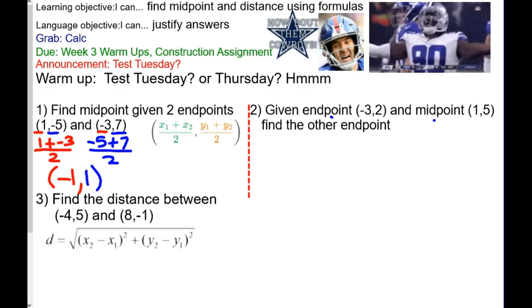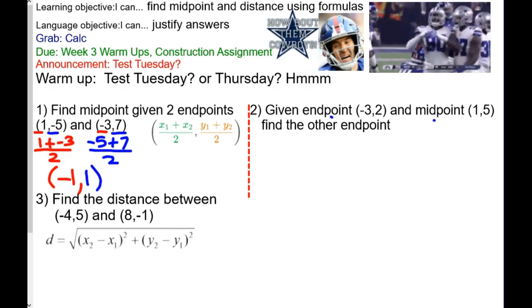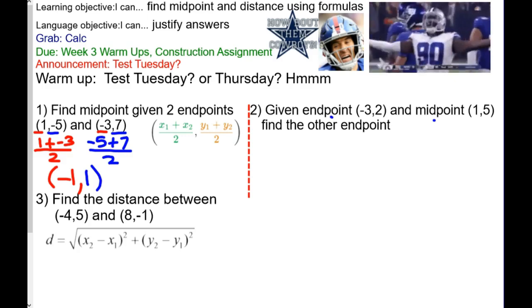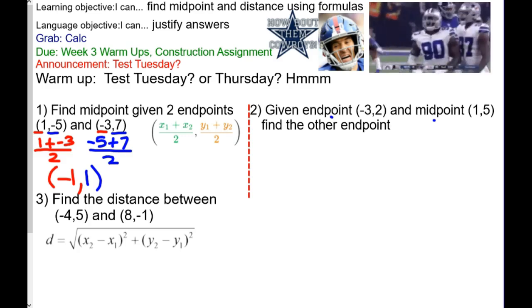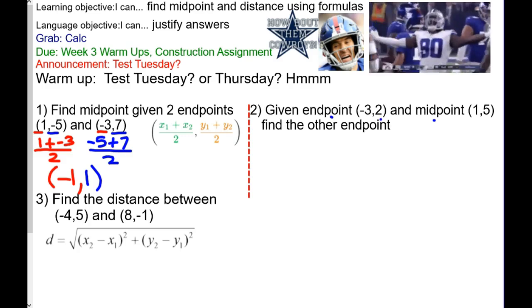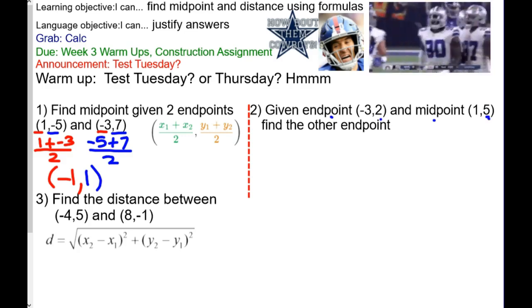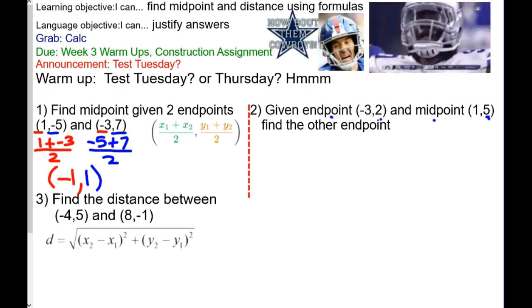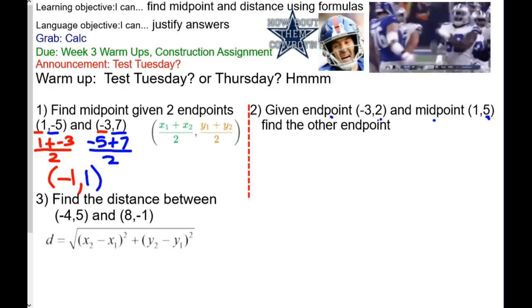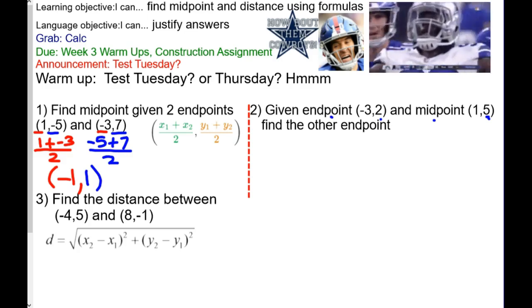You can think, what's the difference from -3 up to 1? Adds 4. You could just add 4 again to 1 and get your x value. You could go from 2 up to 5, that's adding 3, add 3 again, get your y value. That's one way you can do it, okay? But the way I showed y'all primarily is the algebraic way, so I'm going to show you that.